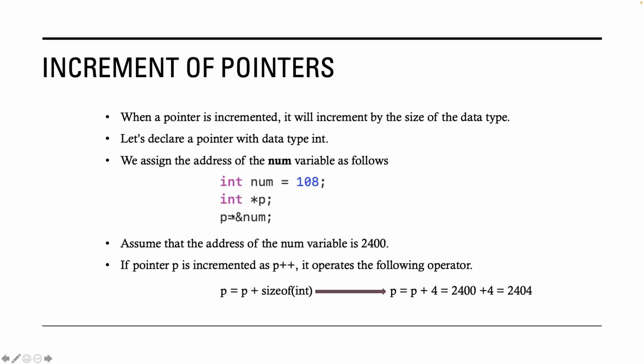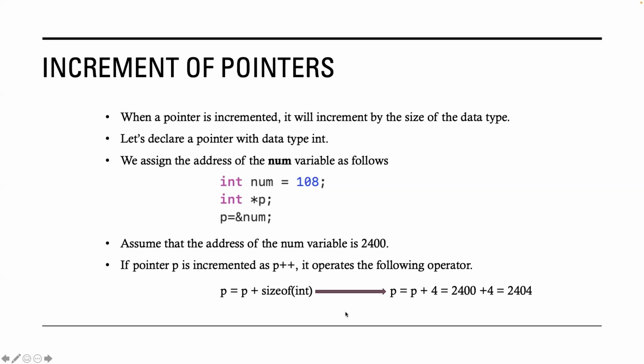In this example, we have this variable called num with an int data type, and then we have this pointer with int data type, and here we save the address of this num variable in this pointer, and we are operating the increment operator on the pointer.